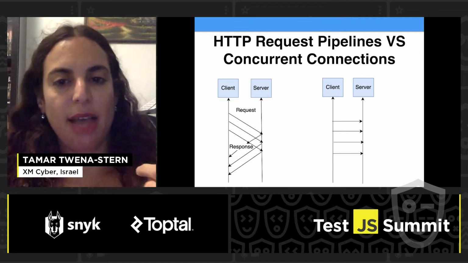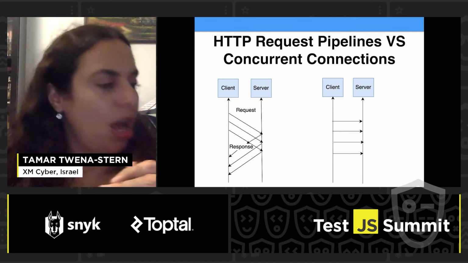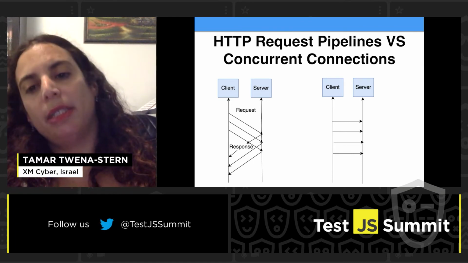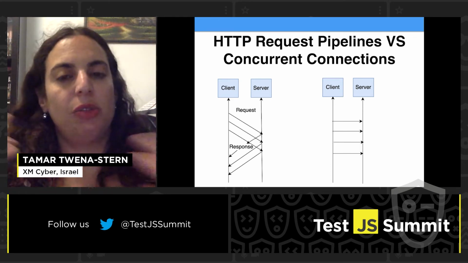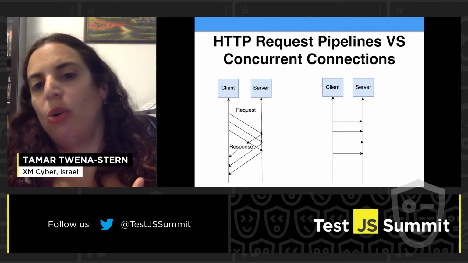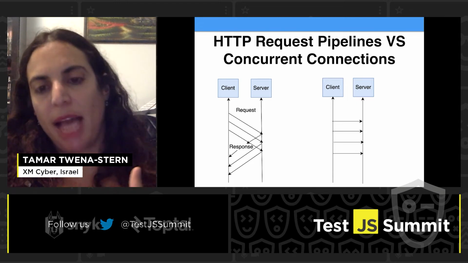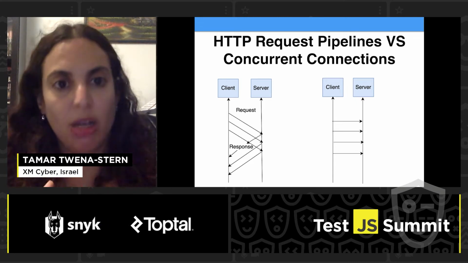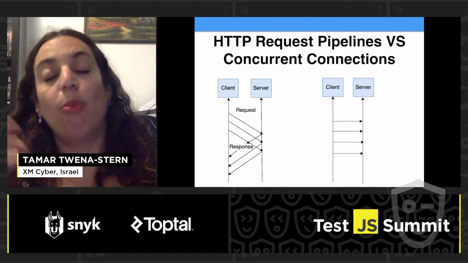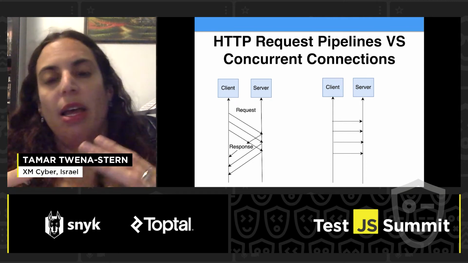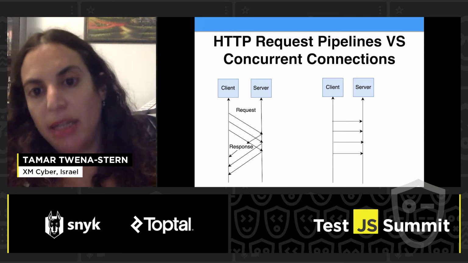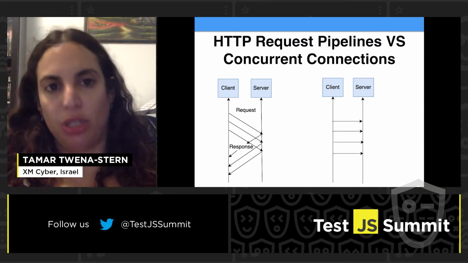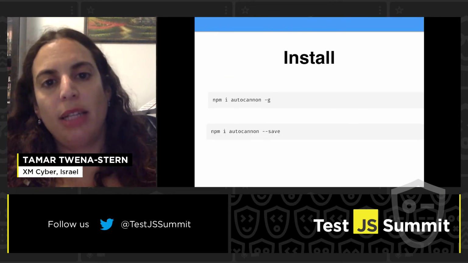Then on the right side, we have concurrent connections. What does it mean? It means that we have a socket open from the client to the server, and you have requests on that socket. That is a good simulation of users, for example, approaching your website. Because if you have 1,000 users approaching your website, you have 1,000 concurrent connections.